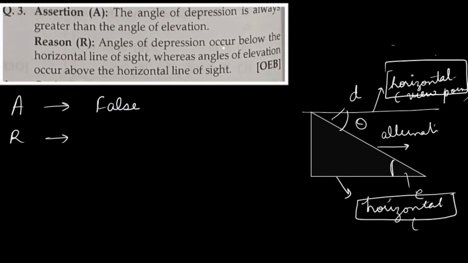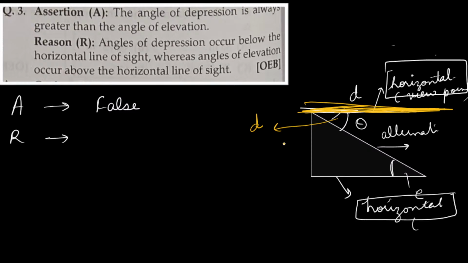Just see, angle of depression occurs below the line of sight. See here, this is a horizontal line. I hope you are able to see. I'll highlight it with a different color. This is a horizontal line, and this is the angle of depression, with a small d I am writing.